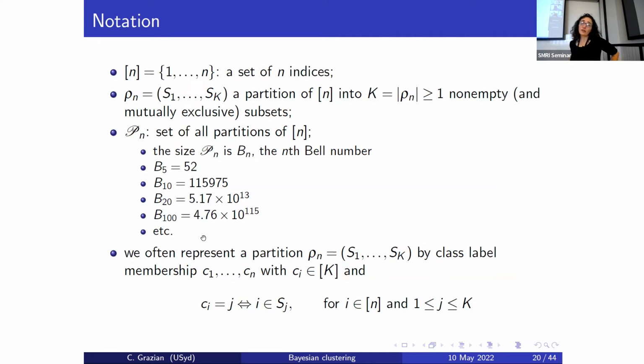So you can define a prior distribution on the set of partitions, but there are other assumptions you have to make. For example, there are what are called product partition models, where the prior distribution has the form of a product.